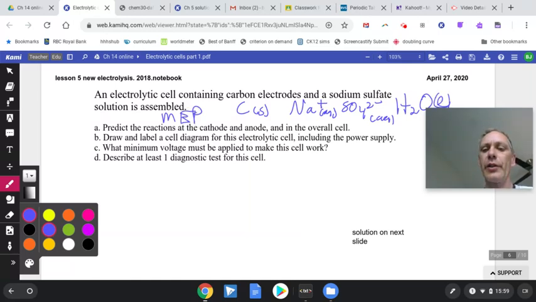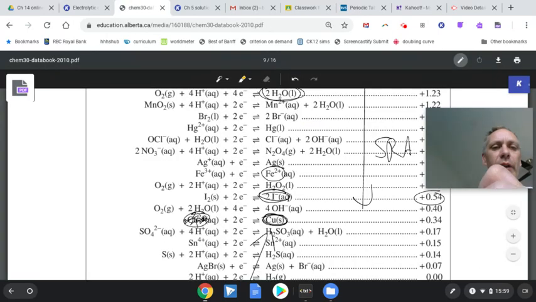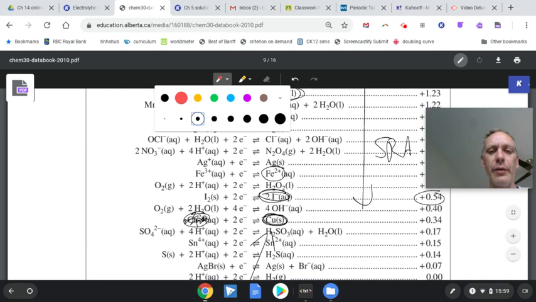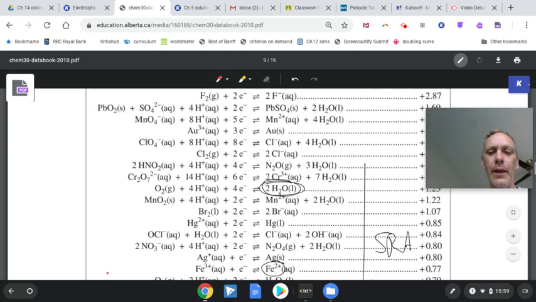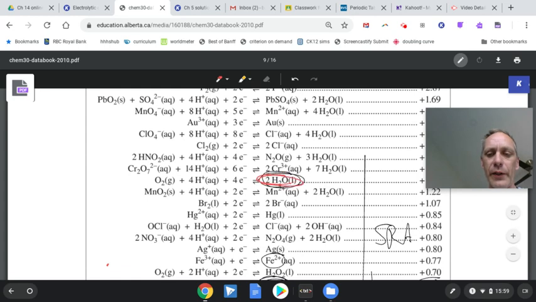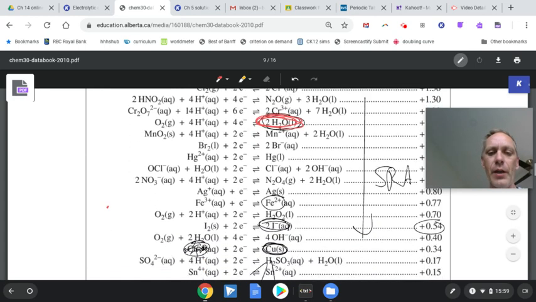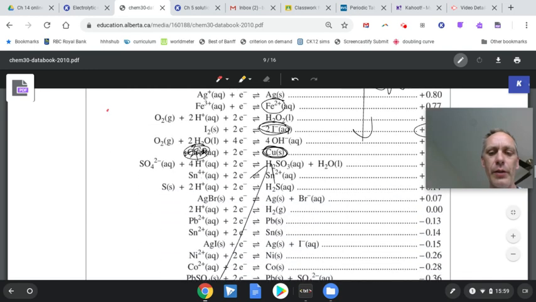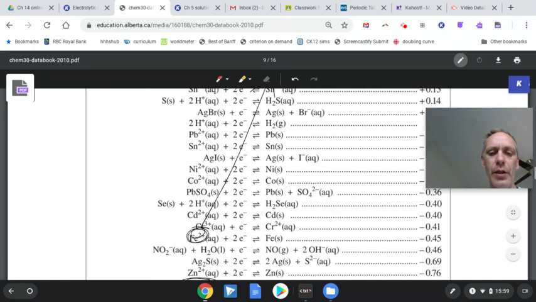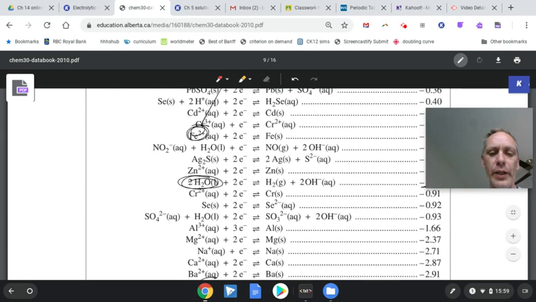So now we go searching. Na plus, SO4 2 minus, and water. Na plus is way down here, a really weak oxidizing agent. Here's water.